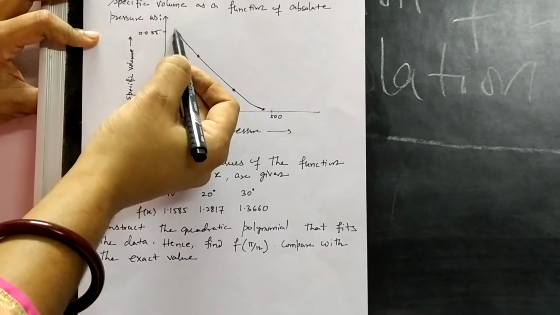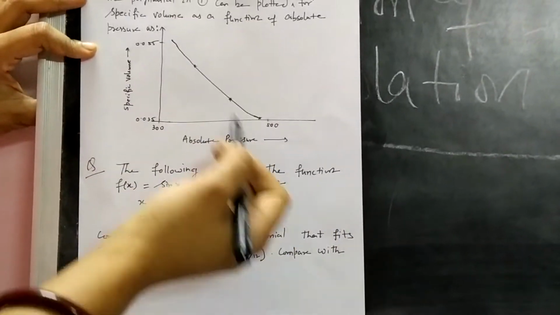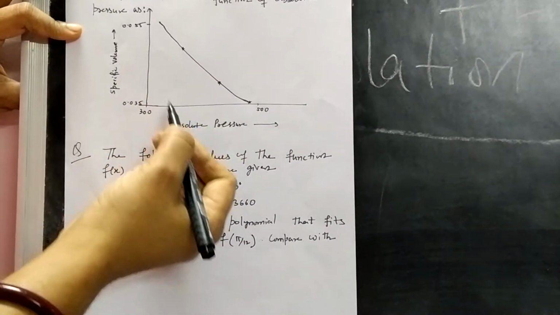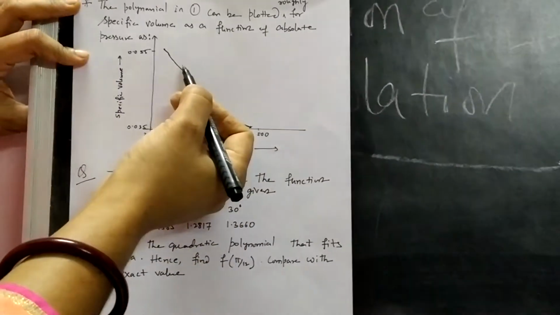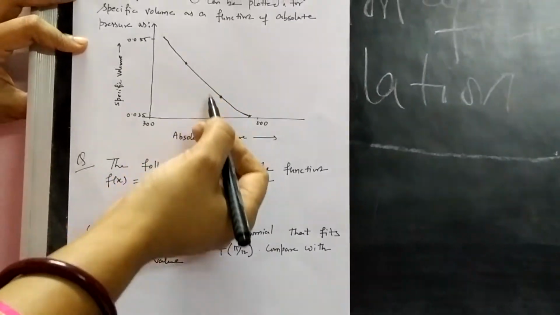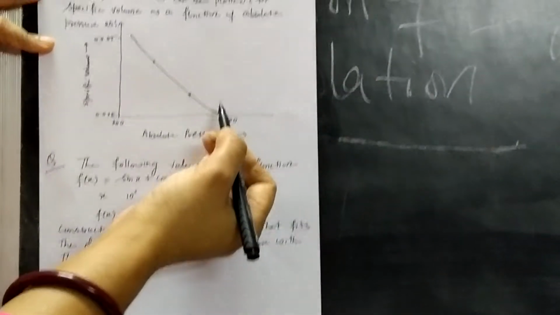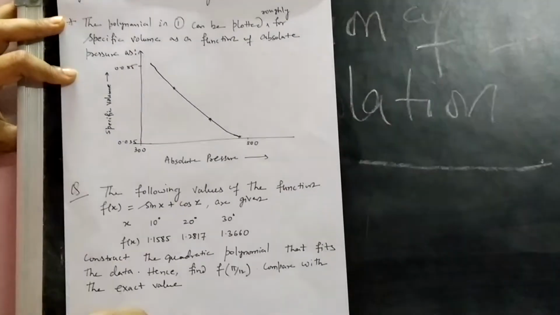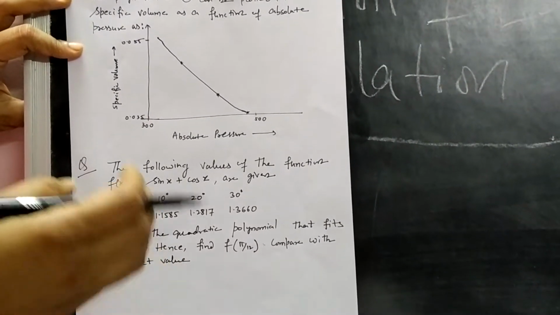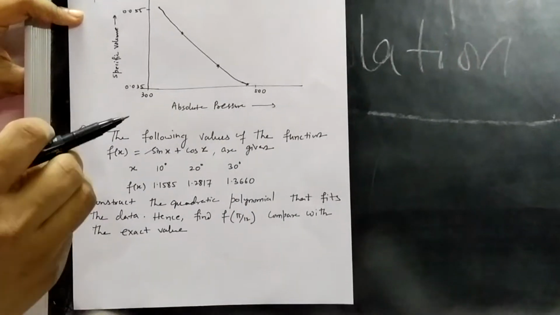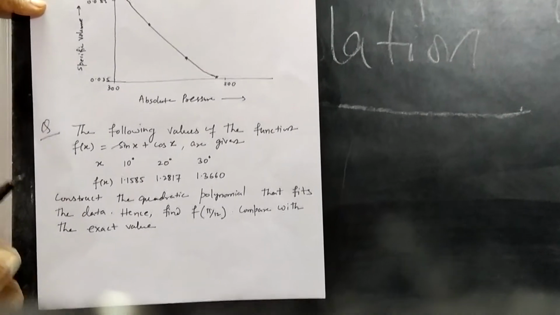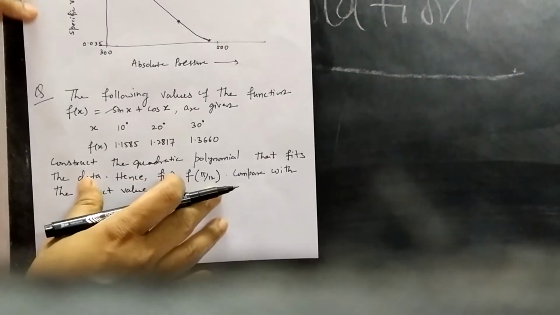These star values represent the data points which were given. From this graph also, at any pressure, if you want to find the specific volume, you can identify it from the graph. So this is the way we can apply the interpolating polynomial to identify values which were not given in the data set, but lie somewhere in the range of the given data set.